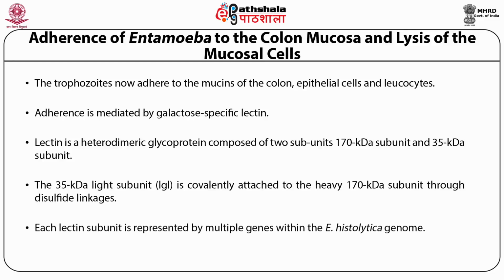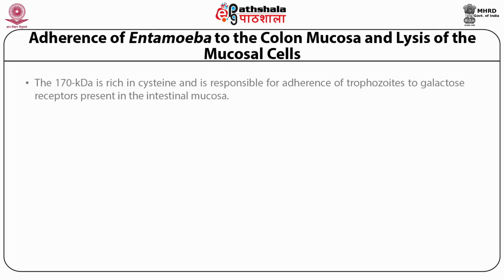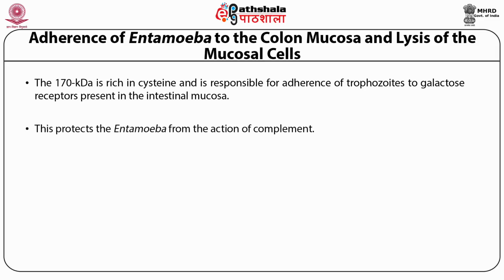Each lectin subunit is represented by multiple genes within the Entamoeba histolytica genome. The 170 one is rich in cysteine and is responsible for adherence of trophozoites to galactose receptors present in the intestinal mucosa. This protects the Entamoeba from the action of complement.